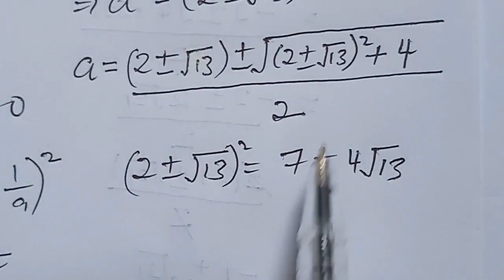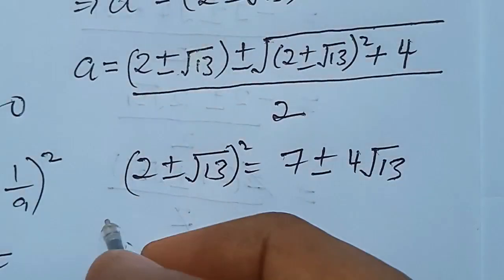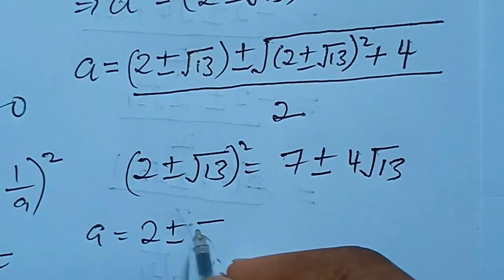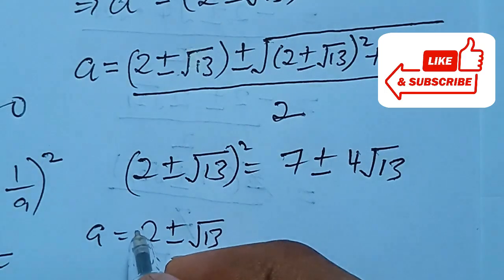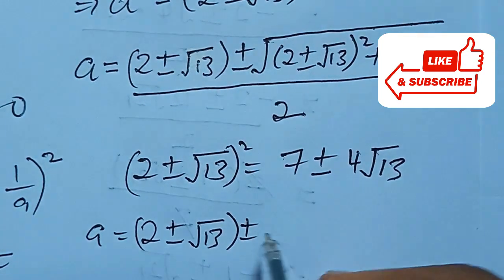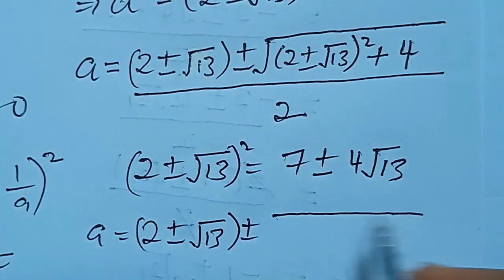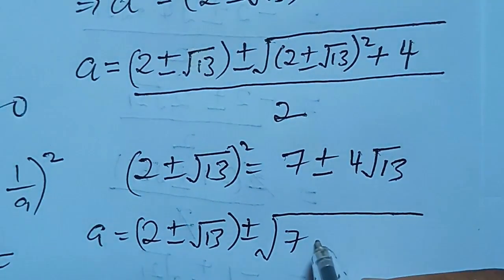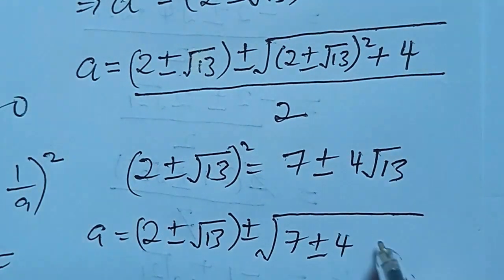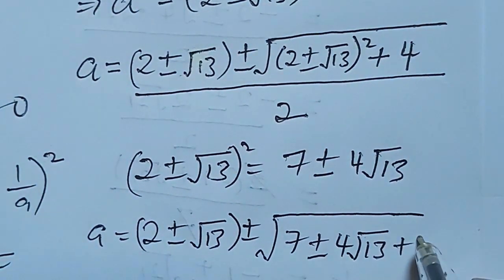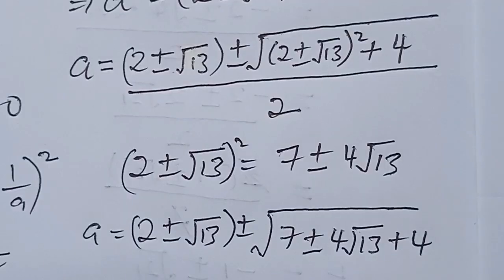And if we insert that into this expression, we have a equal to (2 plus or minus the square root of 13) plus or minus the square root of 17 plus or minus the square root of 13 plus 4.